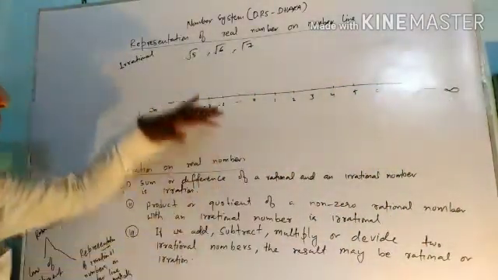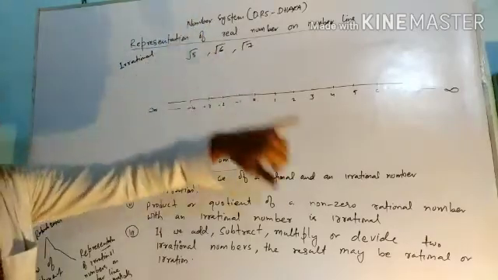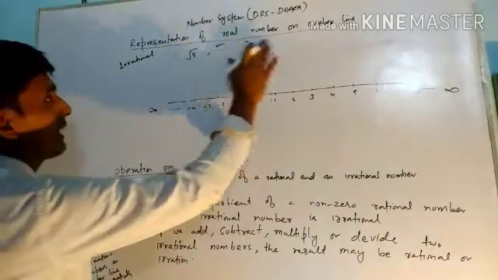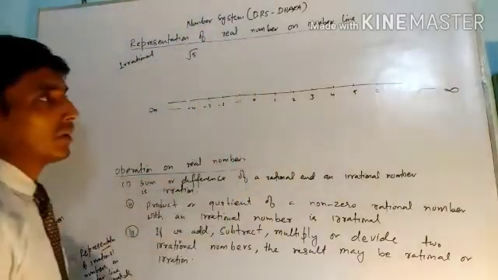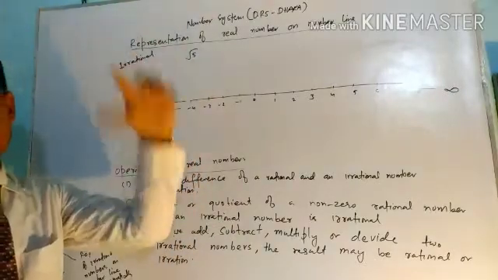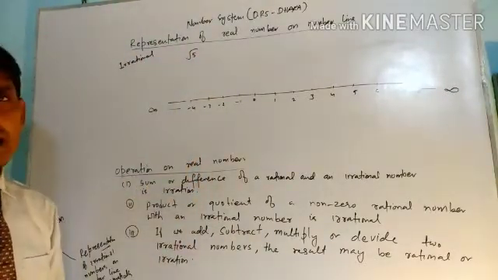So suppose you have to represent root under 5 on the number line. We are taking only the example of root under 5. There are two methods.